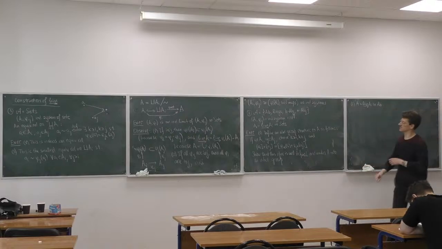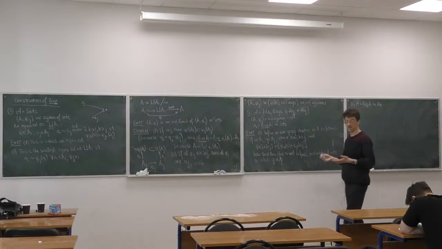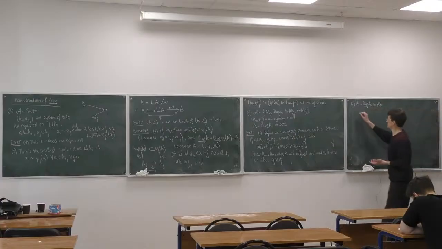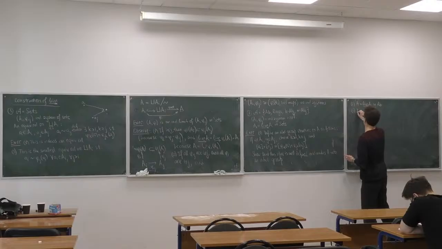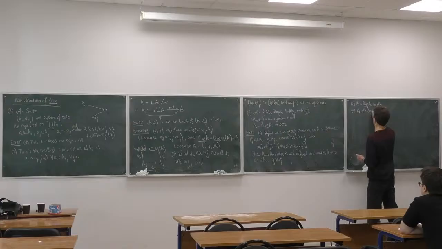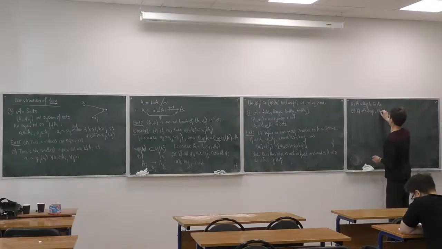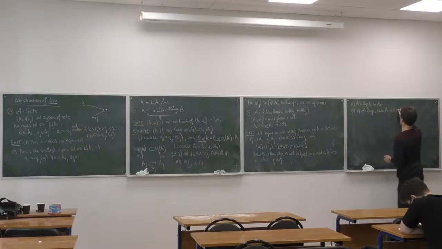What happens if we take, for example, the category of rings? Here the situation is more or less the same. If A is the category of rings, we can define multiplication on A in a similar way. So A becomes a ring under the following multiplication.